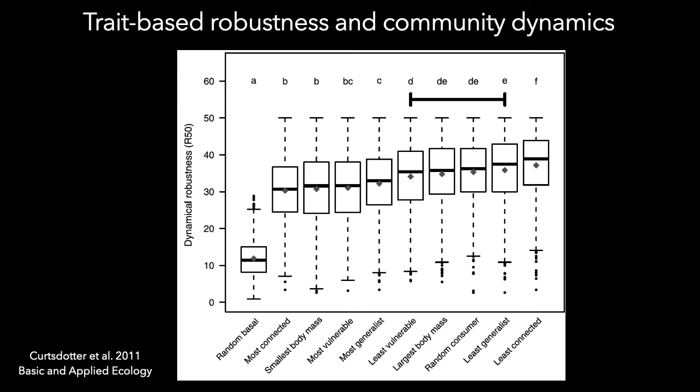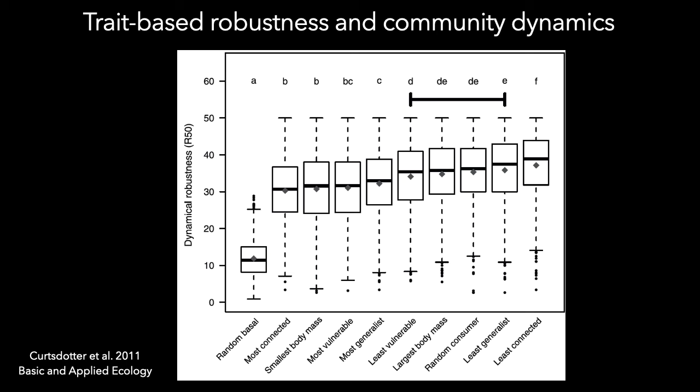Another way to improve the realism of this robustness model, and as such to help us make better predictions, is to include the functional traits, the phenotypic traits. You may be familiar with this concept: a trait is any phenotype that we can measure that also has a function in ecological processes, such as body mass, body size.